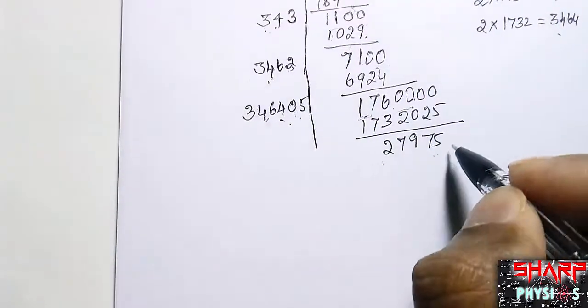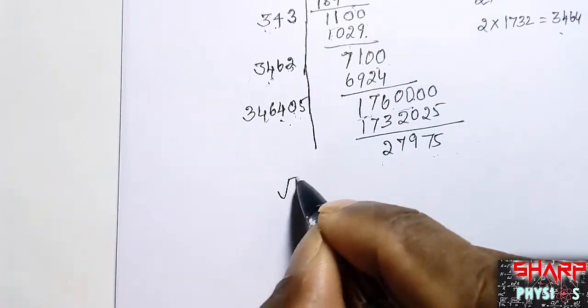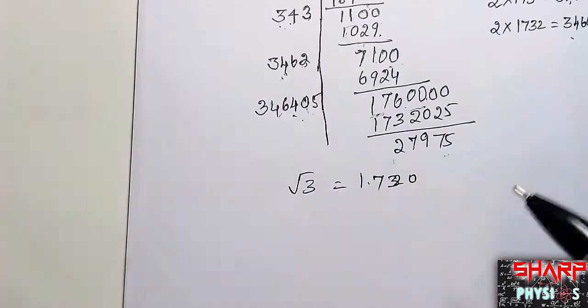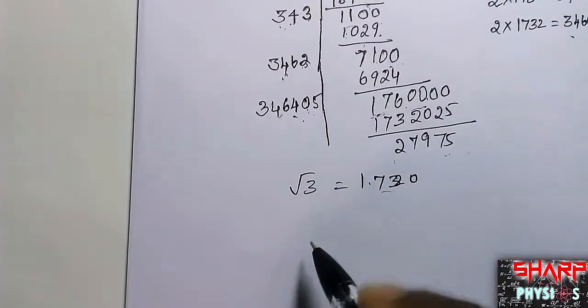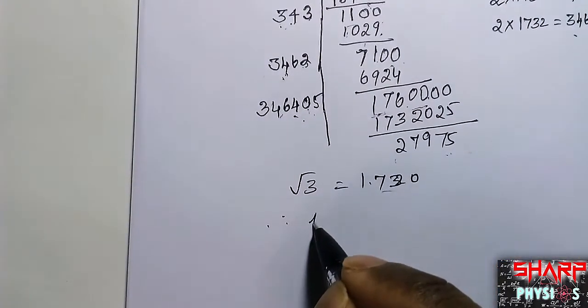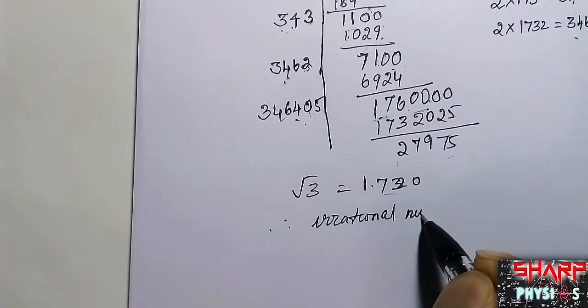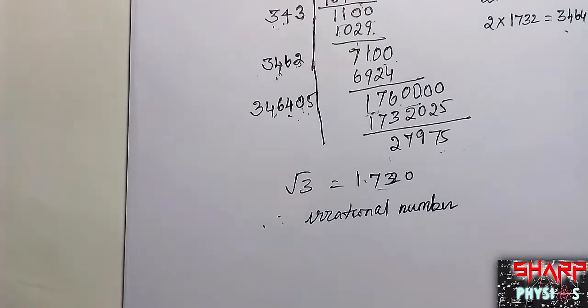So you can stop it and write the answer. Root 3 is equal to 1.73205. This is enough. Therefore it is an irrational number, since it is not terminating and not repeating also.